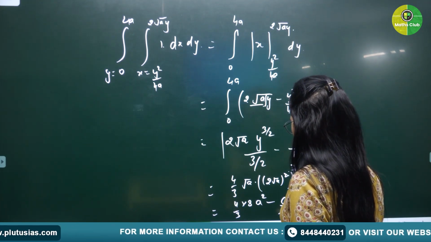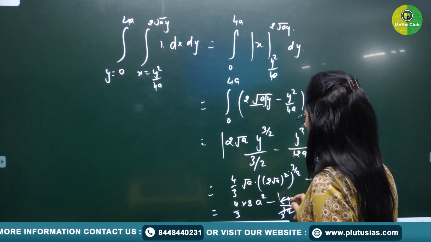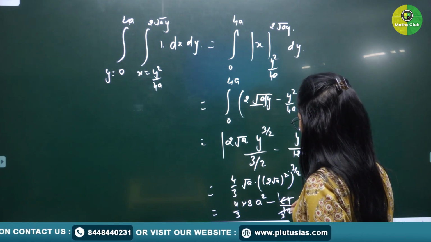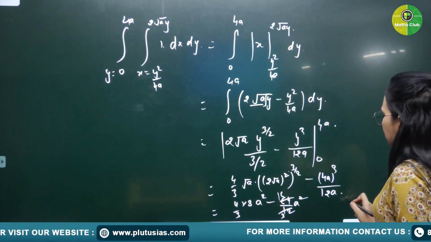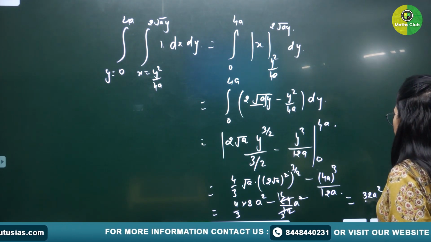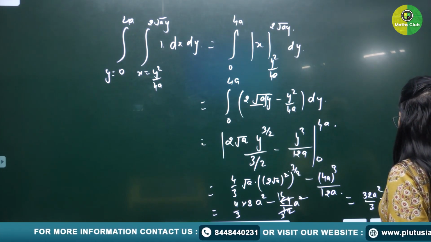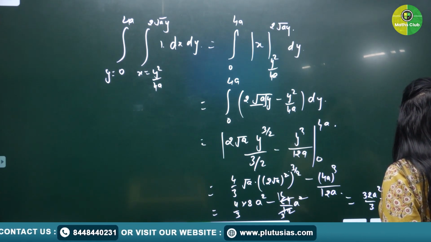So this would be cut by 3, that is 3, and 4, 1 and 6, 16 by 3. This is 8 into 4, that is 32 a square by 3 minus 16 a square by 3, that is nothing but 16 a square by 3. So this is the answer.